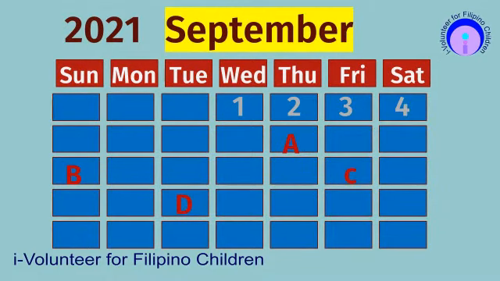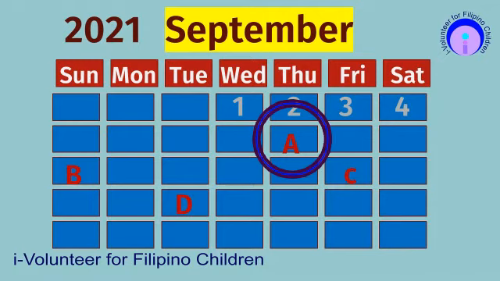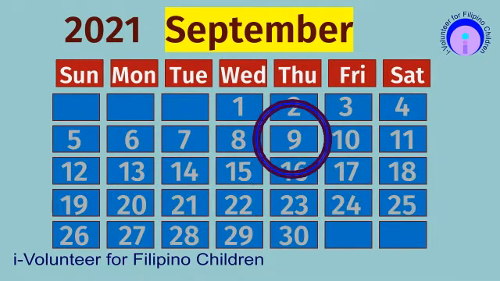September is the 9th month of the year. We find the specific date of the month indicated by A, B, C, and D. Start solving letter A. 2 plus 7 is equal to 9.